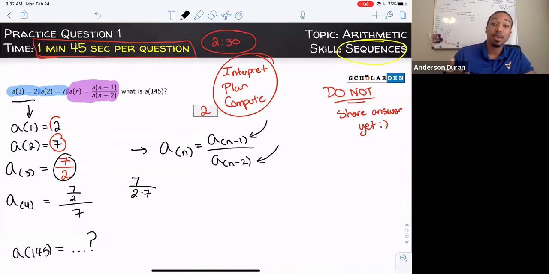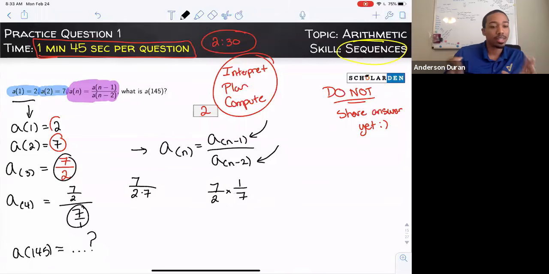Another way that some of us might recognize this is the keep, change, flip method, which is treating 7 over 2 as one fraction and treating the 7 as 7 over 1. When you divide fractions, you keep the first fraction, change the sign, so divide changes to multiply, and then flip the second fraction.